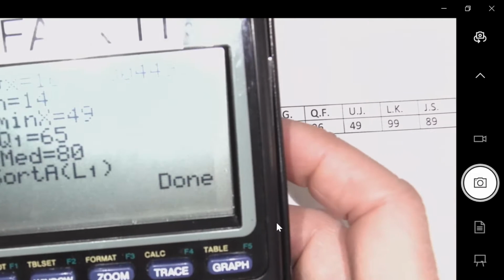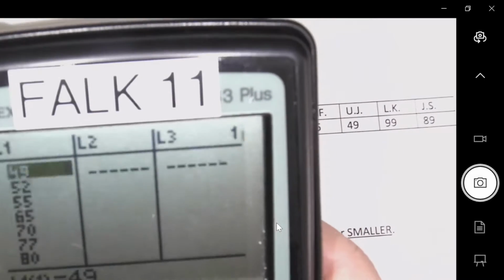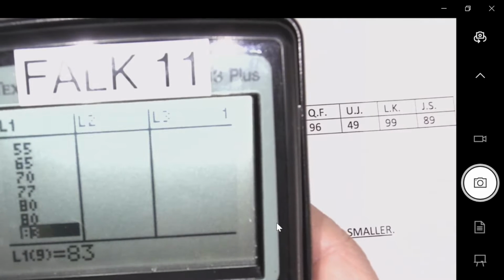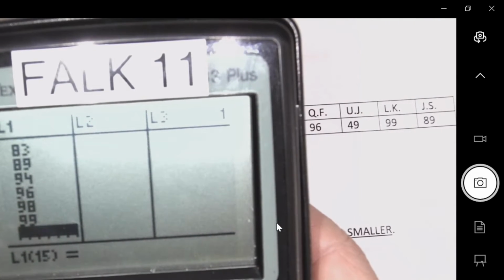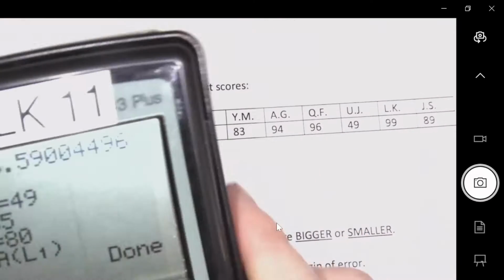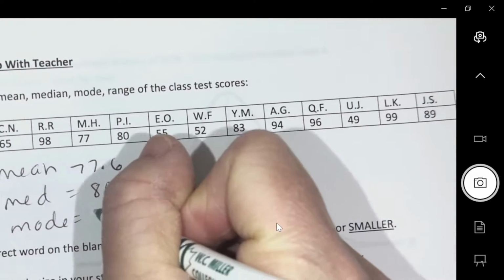Done. Stat edit. Now I can scroll through it maybe better and see does anything happen. So 80, 80, and that's it. Nothing else happened twice.